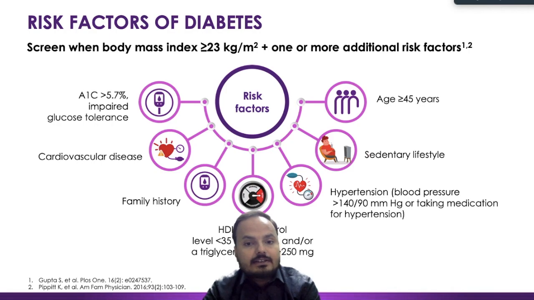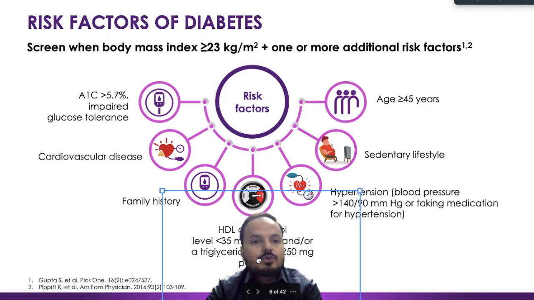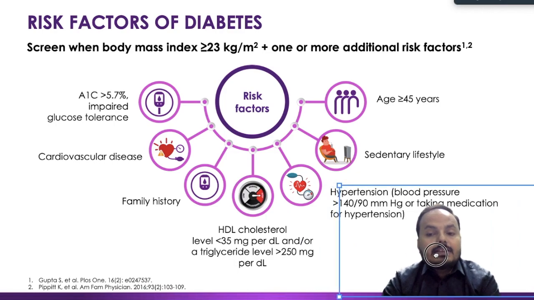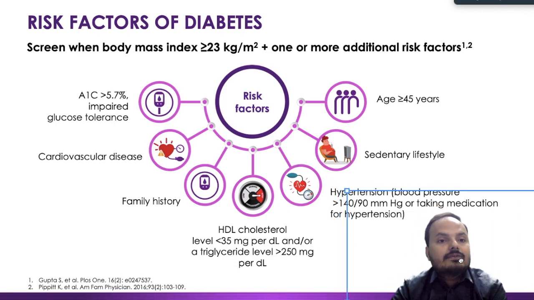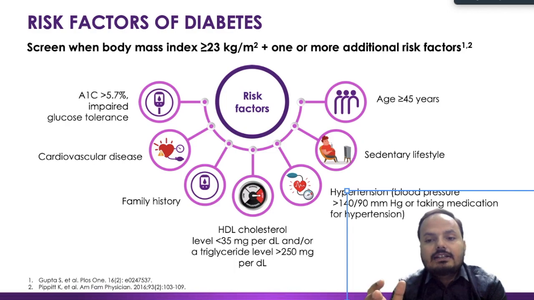So what are the risk factors of diabetes? It is very important to know that if you're pre-diabetic, if there is a family history of diabetes, if your age is more than 45 years, if you're leading a very sedentary lifestyle, you have hypertension, your HDL cholesterol, which is a very good cholesterol, is less than 35, or your triglyceride levels are high, around 250 milligram per deciliter, or there is some kind of cardiovascular disease, or if you're taking statins.